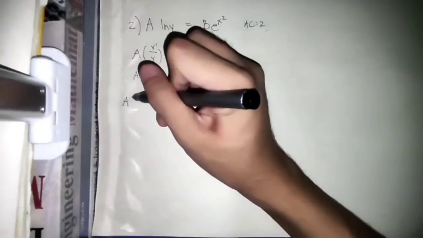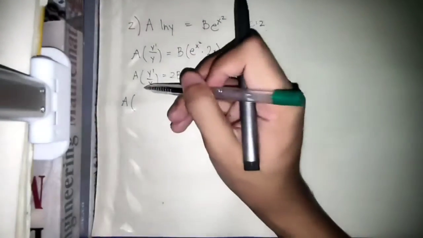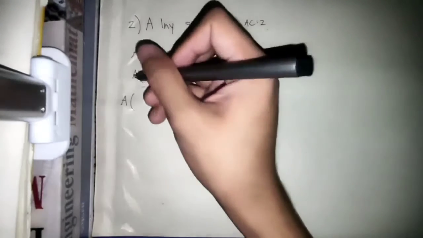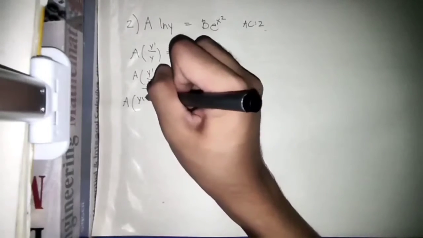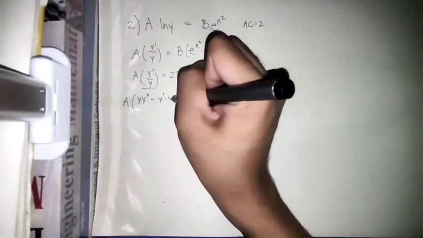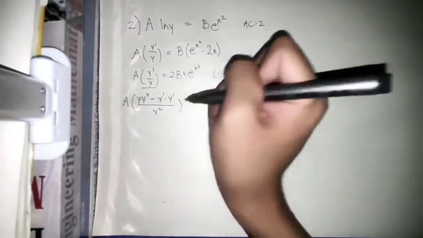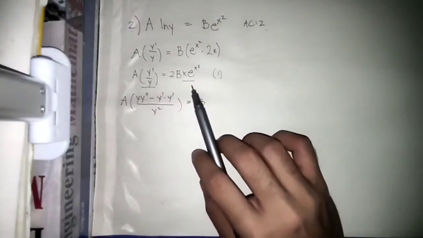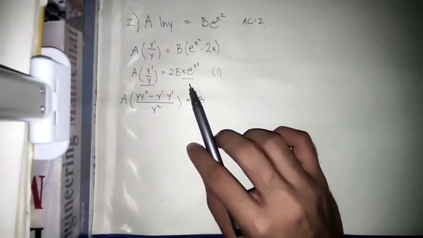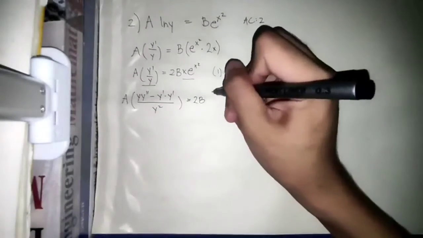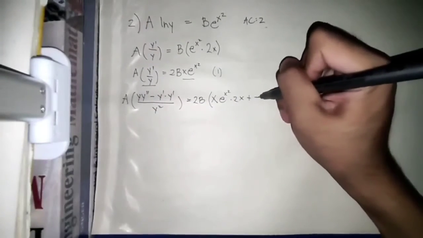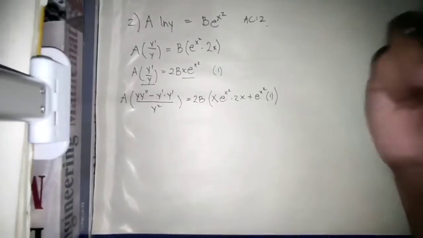So we have a as constant. The derivative of this quantity, we can use the quotient rule of differentiation, which gives us y times y double prime minus y prime times y prime, all over y squared, equals 2b as constant and the derivative of these. By inspecting, we can perform here the product rule of differentiation, which will give us x times e raised to x squared times 2x plus e raised to x squared times 1.